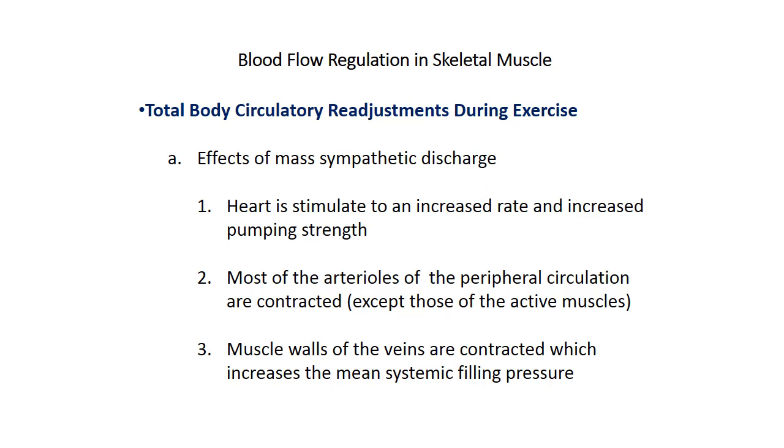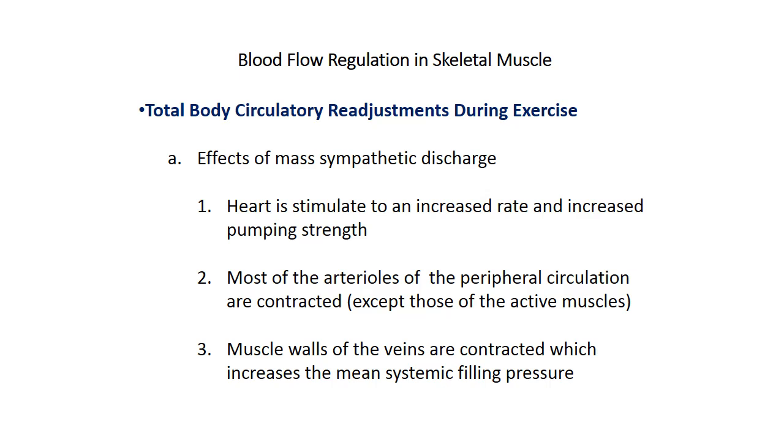The first is the effect of sympathetic discharge. During sympathetic activity in exercise, the heart is stimulated to an increased rate and increased pumping strength. Most of the arterioles of the peripheral circulation are contracted except those for active muscles.